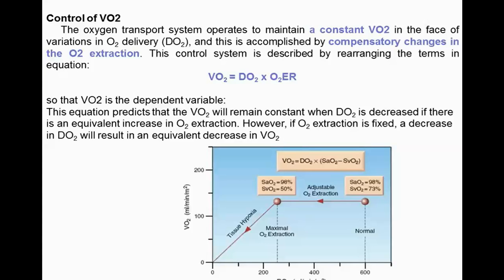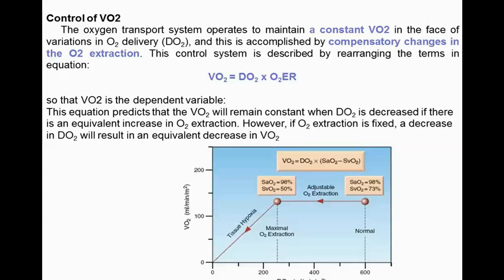Once you decrease the oxygen delivery to 500, 400, 300, what about the oxygen uptake? Decreased, increased, or constant? The oxygen uptake is 150. It's constant. So the tissues will take what they need, even though the delivery decreased.